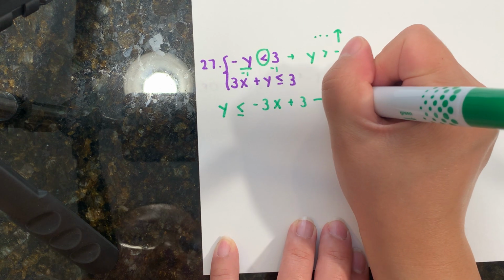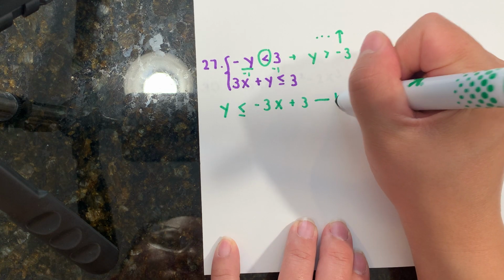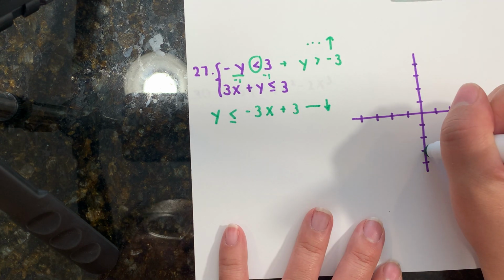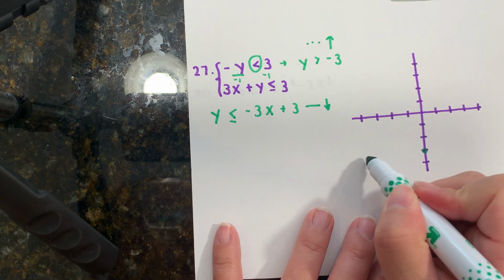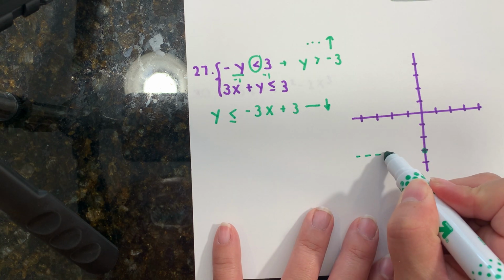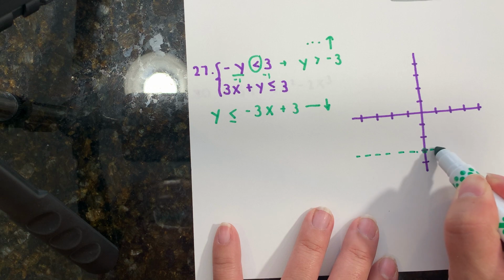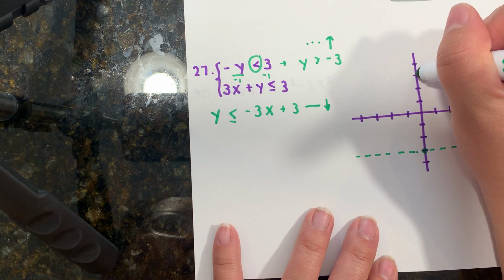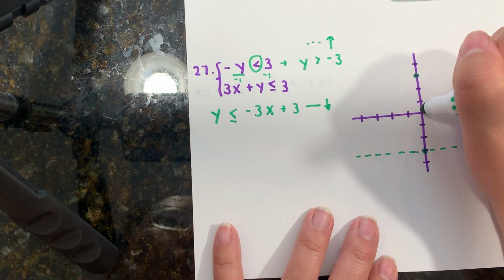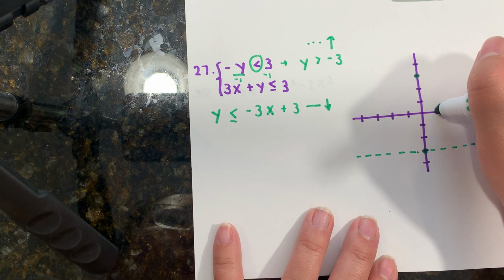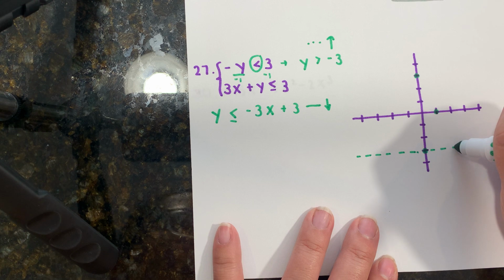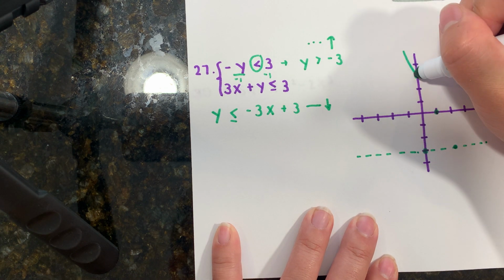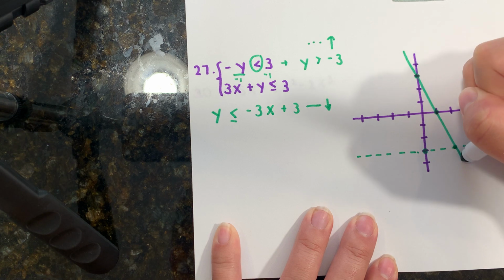This is going to be a solid line, and we're going to shade everything below it. So -3 on the y-axis is here. So I would just put a dotted line through that. Then plus 3, and the slope is down 3 over 1, which is going to look like this.